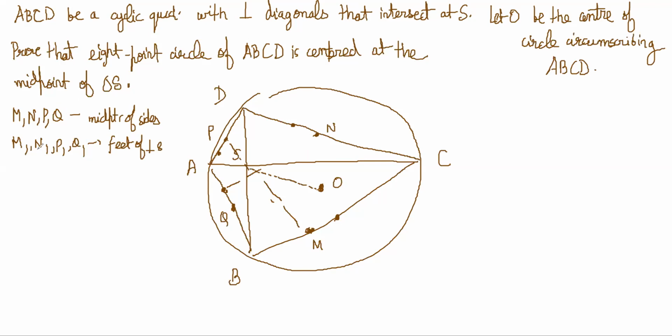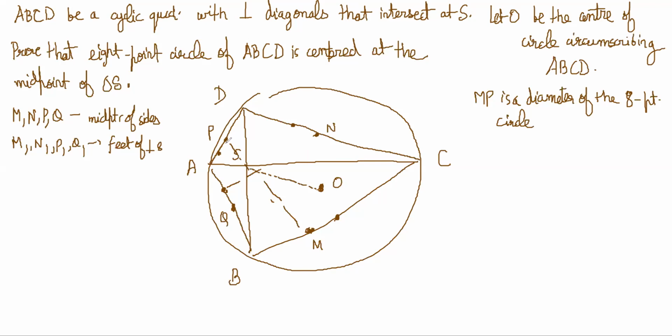Now, we saw earlier when we did the derivation that MP was a diameter of the 8-point circle, remember? Because the angle at P1 was 90 degrees.